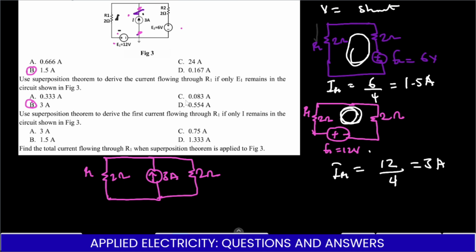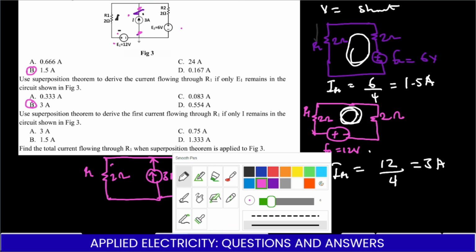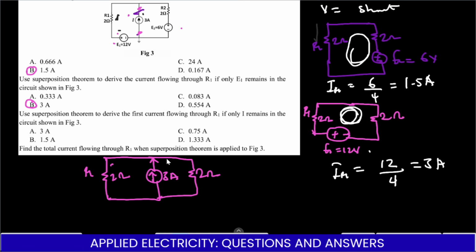Now the question states we should find the current in R1 again. This is a parallel path. When the current reaches here, it is going to share between this side of the circuit and the other side. So we can use the current divider between this side and the other side.